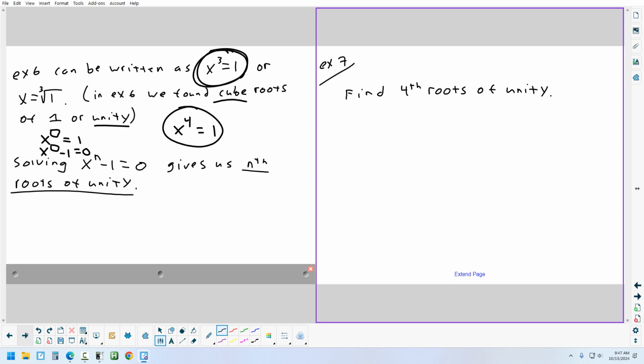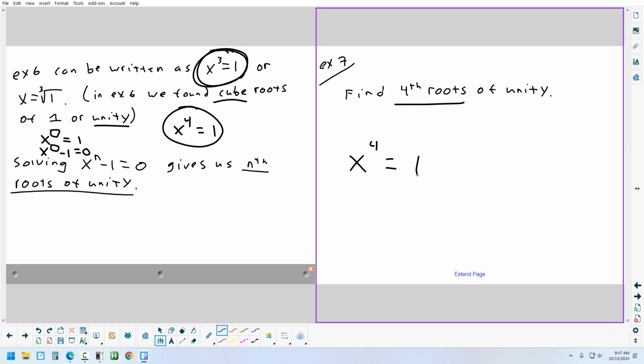If you're going to be taking a fourth root, what is the exponent you would need on x that would force you to take a fourth root to cancel out the exponent? Yeah, right. It would have to be to the fourth power. And they want you to find the fourth roots of unity, which means what number? 1.